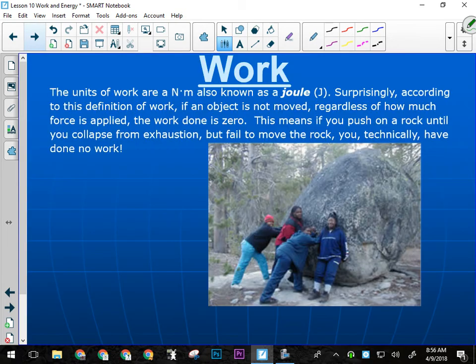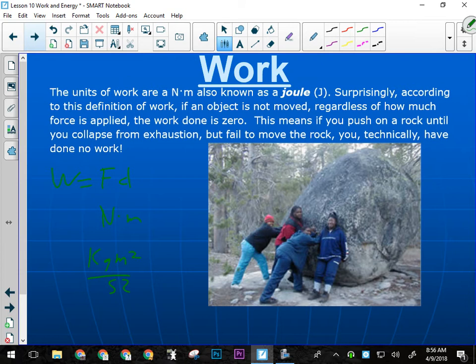The units of work are a newton meter because we're multiplying force times distance, and the units for force are newtons and the units for distance are meters. Broken down even further, that would be a kilogram meter squared per second squared, because a newton is a kilogram meter per second squared.